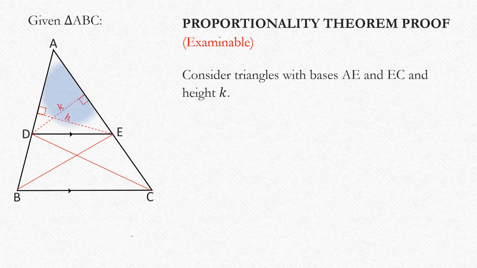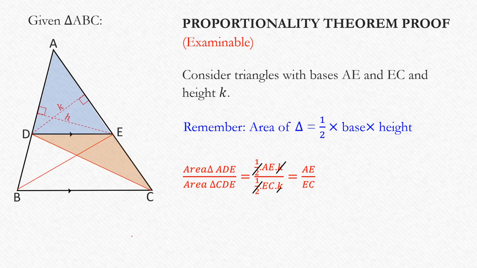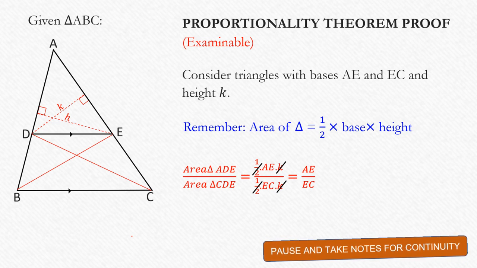Right, and then we come to the other side. You still have triangle ADE there, but the height now, if the base is AE, the height is K. So we're going to say the area of triangle ADE over the area of triangle CDE is going to be half times AE times K, and then the area of triangle CDE is half times EC times K. Okay, and then if we divide here and say half divided by half is 1, K divided by K is 1, we remain with AE over EC.